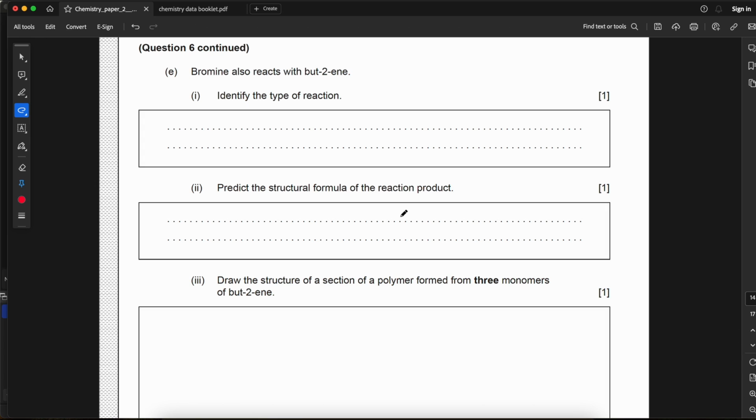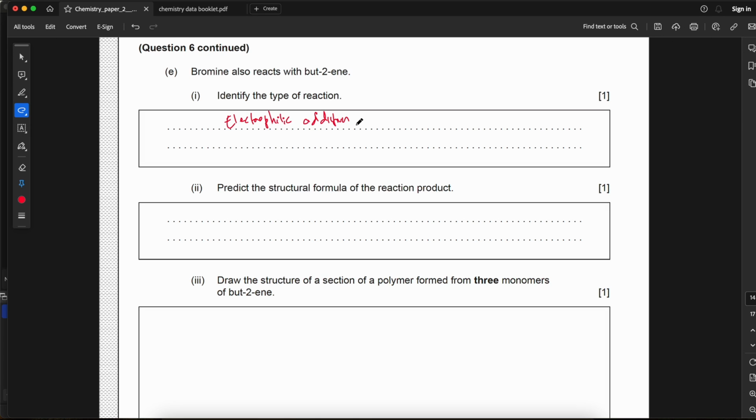Bromine also reacts with butene. Identify the type of reaction. Okay, it's electrophilic addition, because bromine is acting as the electrophile. Electrophilic addition. Okay, electrophile is a reagent that accepts a pair of electrons to form a covalent bond, and butene is acting as a nucleophile because it has a pi bond.